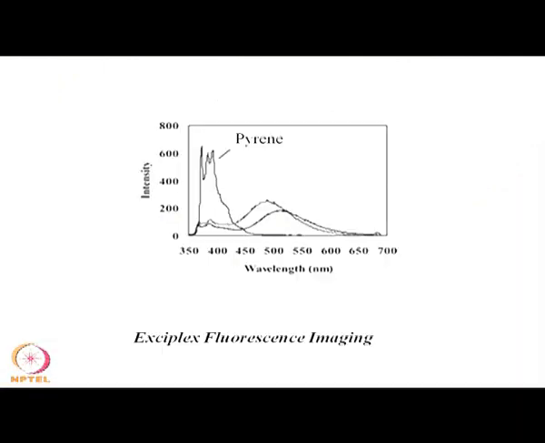This is a typical spectrum of pyrene, where this is your pyrene emission and these are Exciplex emission, and you see these are taken in different solvents. So, there is a shift.